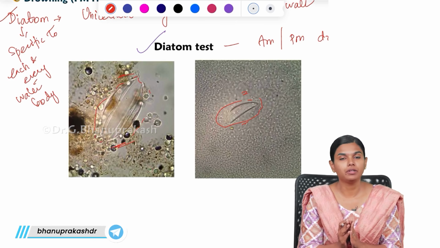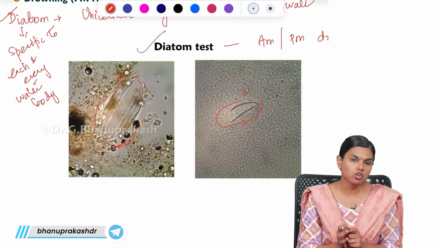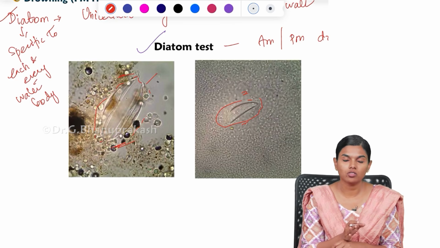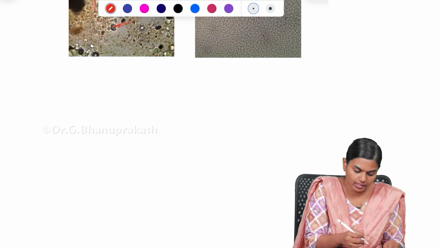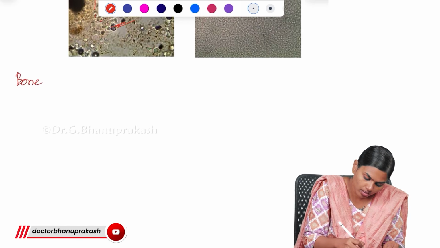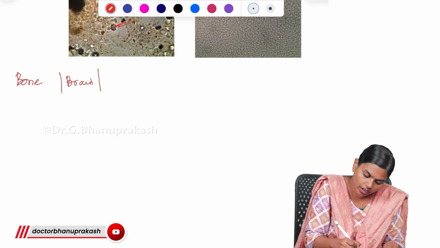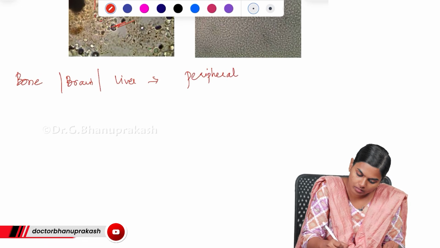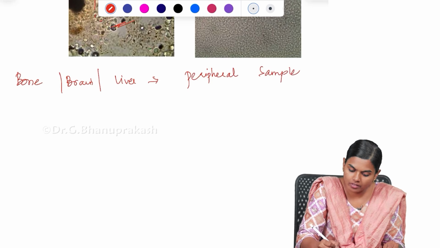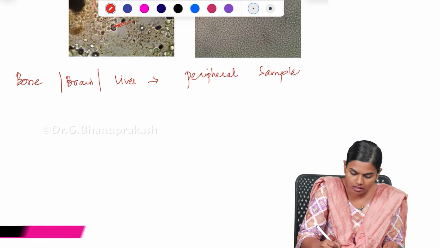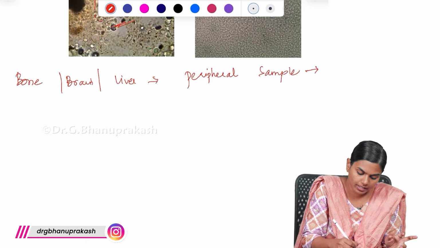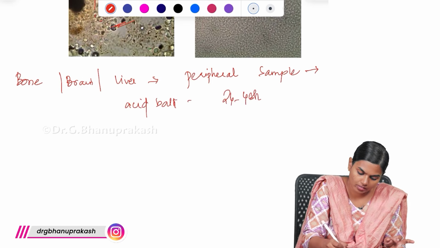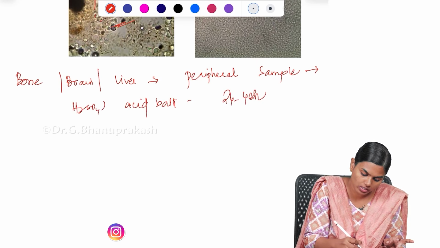They come in multiple shapes, and usually when you look under the microscope, only this transparent, white kind of structure will be seen. What happens is that we will take bone or brain or liver, mostly peripheral samples, for analysis and we will put that sample in an acid bath for 24 to 48 hours, especially sulfuric acid, some concentrated acid.